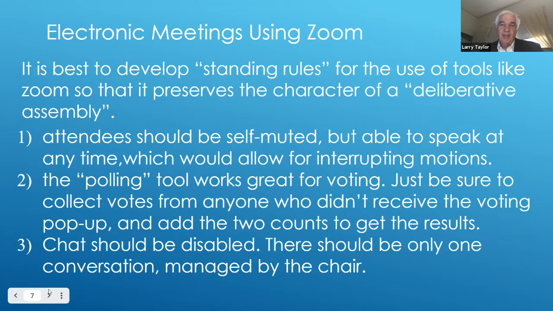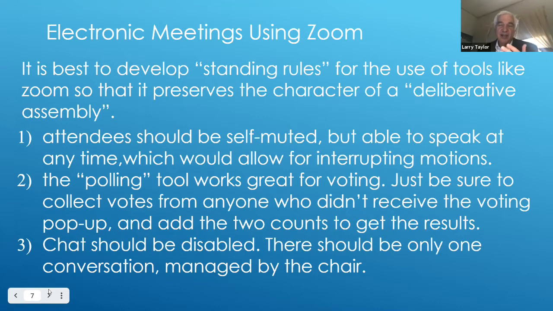And in a deliberative meeting, I recommend that chat be disabled because if you were in a meeting and there were 200 people in the room, and you started chatting to your neighbor next to you and ignoring the meeting that's going on, you would probably be called to order. And so that's really what is starting to happen with chat, is that people start having a parallel meeting in the chat, and they try to make motions and that kind of stuff.